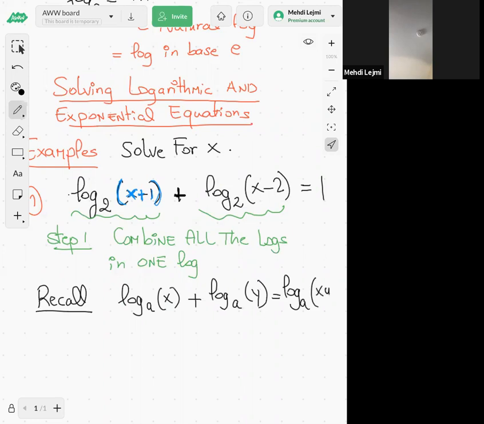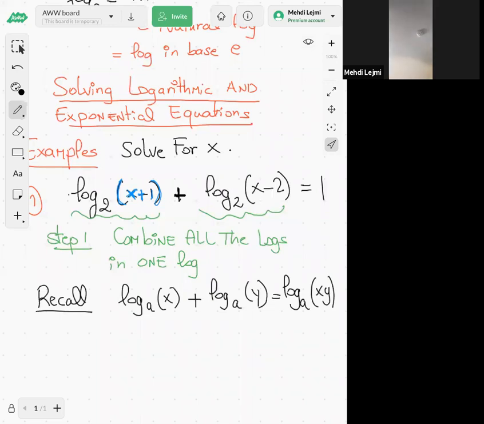So remember, we had this example of log of 15. We said log of 15, for example, would be log of 5 plus log of 3, right? Because 15 is 5 times 3. So if you have the sum of two logs in the same base, of course you need the same base, that will be the log of the product, right? That's one of the properties of the log.